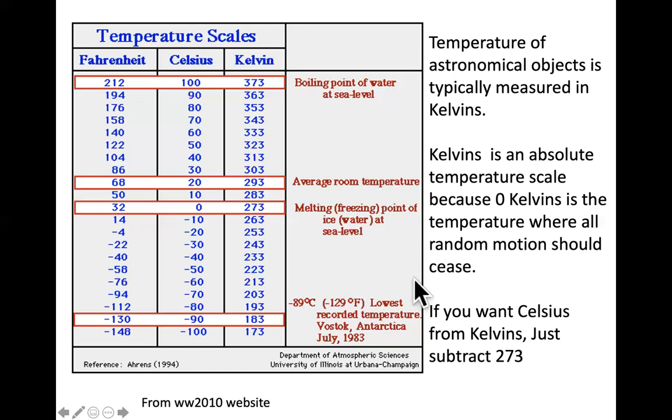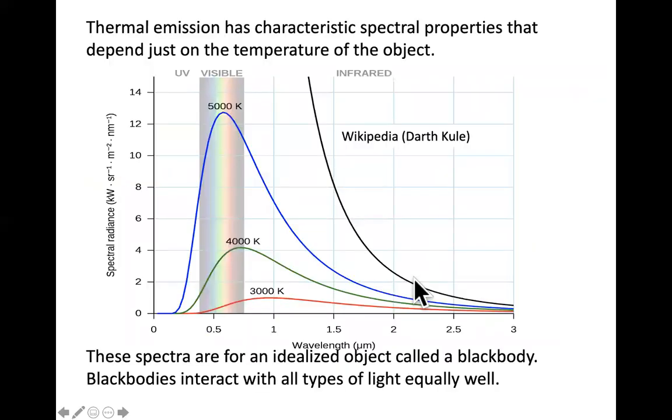So, what turns out to be the property of thermal radiation is that the shape of the spectrum is basically set by the temperature. Now, for a certain type of idealized object called a black body, you can actually calculate this spectrum from first principles. That's what's shown here as nice, smooth curves.